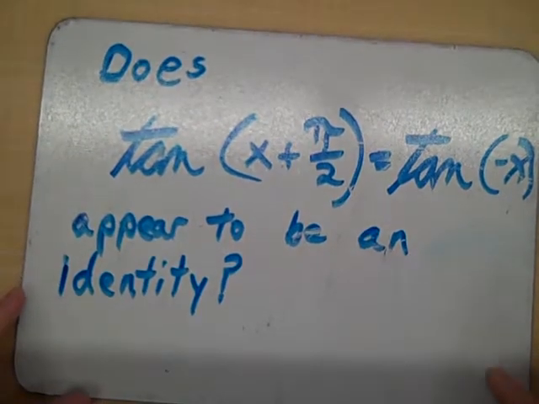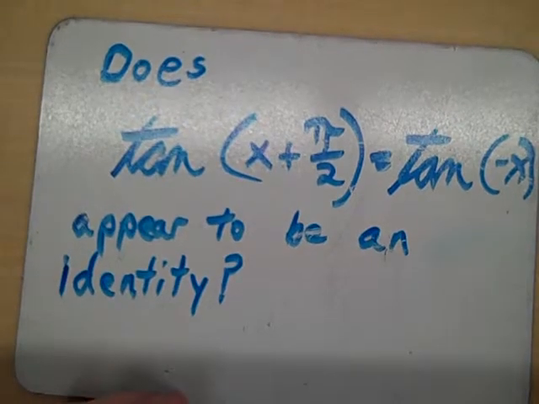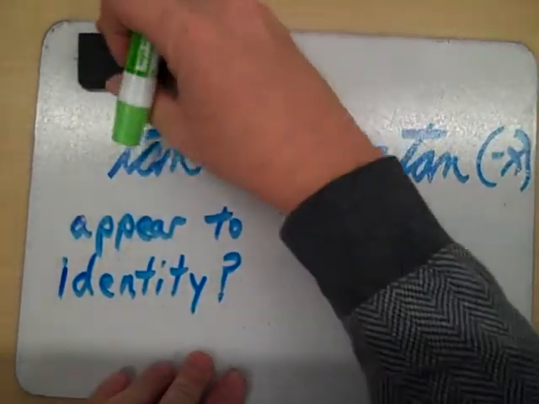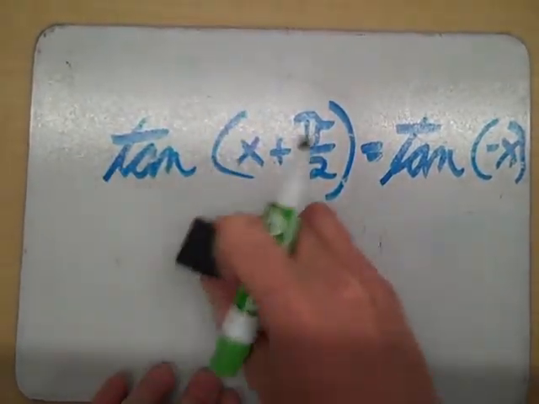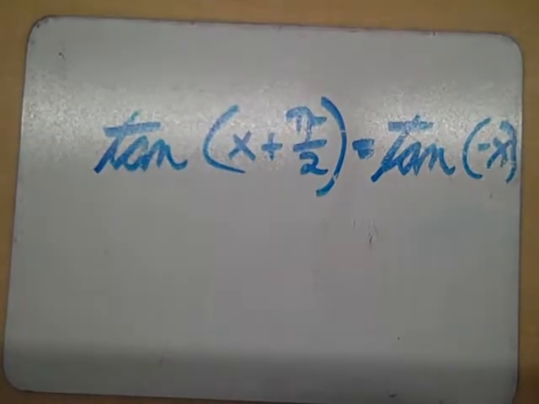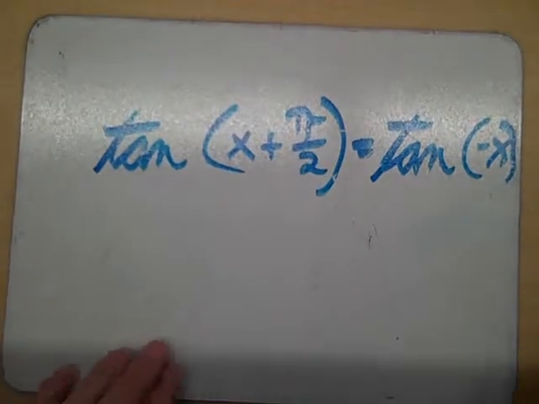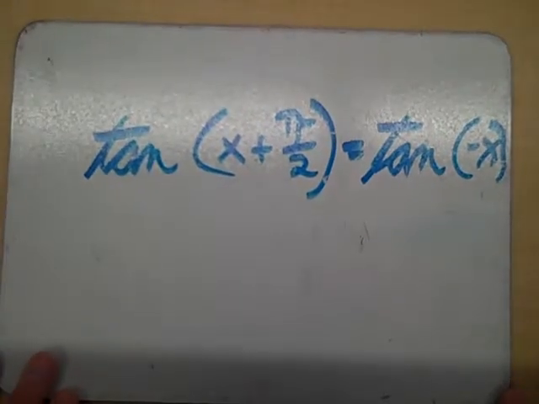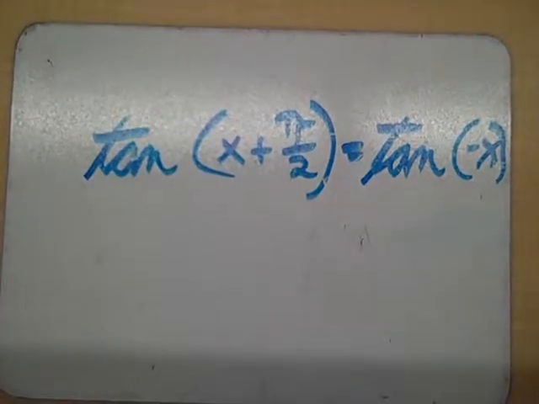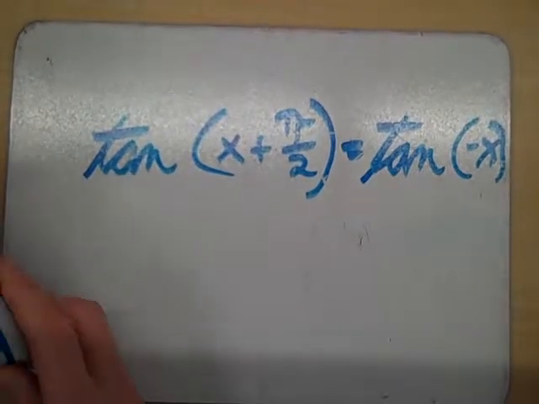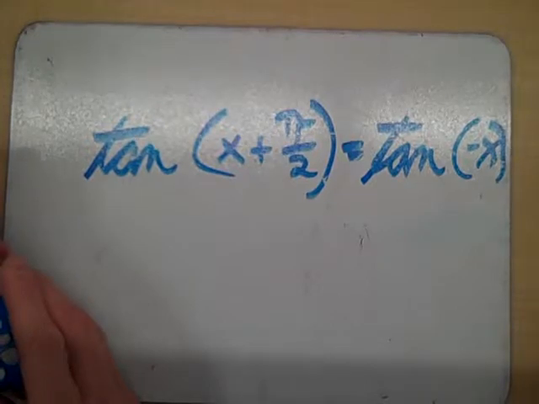Now, let's look at, if this is not an identity, let's come up with a counterexample for it. Tangent of x plus pi over 2 equals tangent of negative x. Well, let's test it.